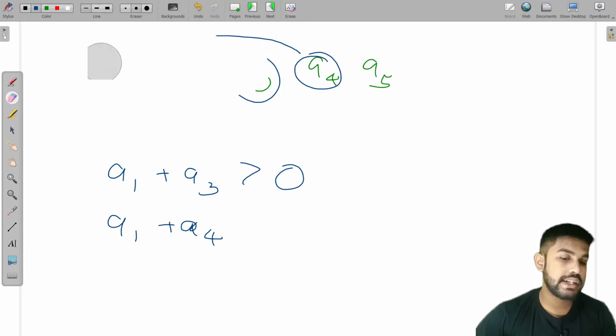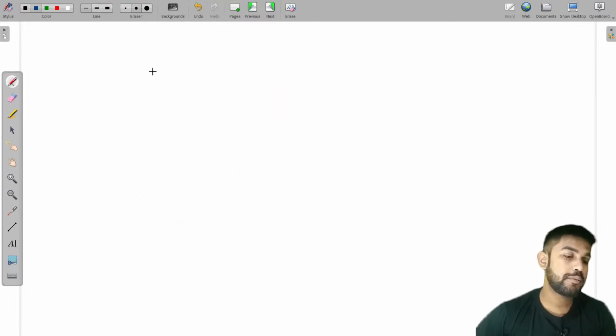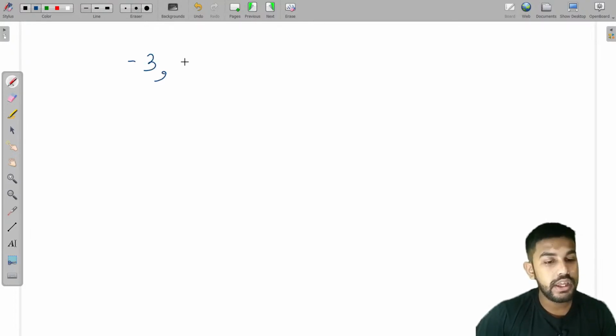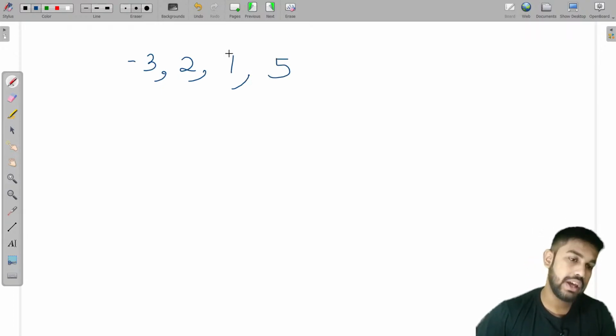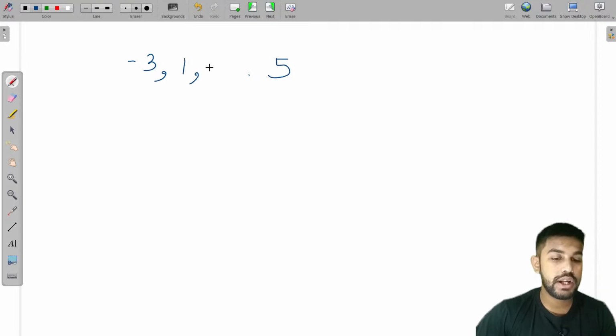Now the next thing is that suppose we have -3, then 2, then 1, then 5 itself. So what are the pairs of 2? So it would be like this, sorry. It would be 1 and 2. Yeah.